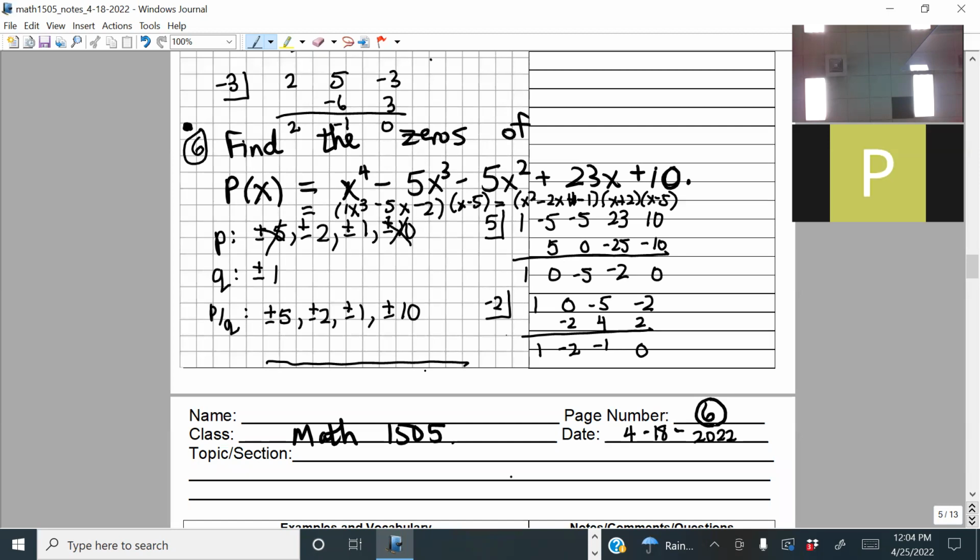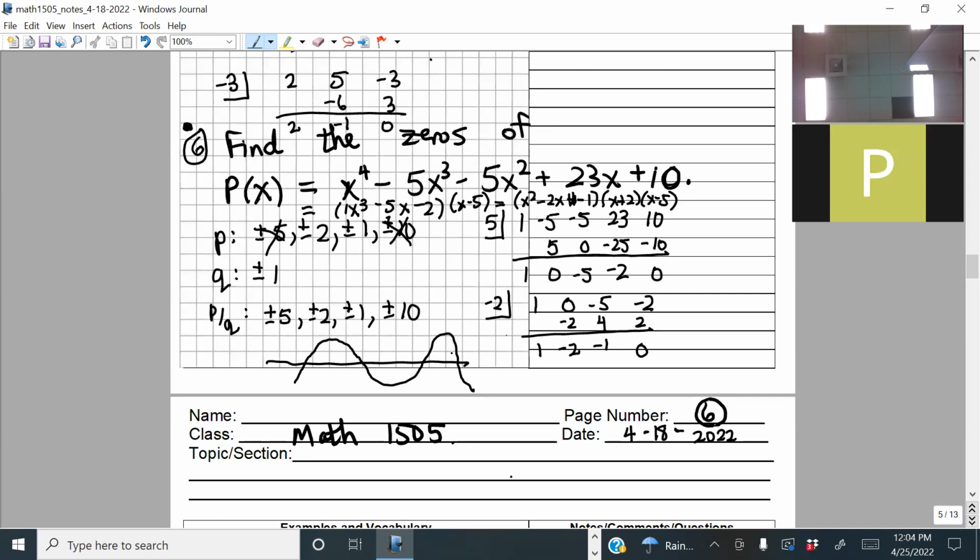Think about it. It's going to cross the x-axis 4 times. So it goes up once, then it has to come back down, then it has to go back up, then it has to come back down, right? To get 4. How many turning points does that give you? 3, yeah. So you're going to end up with 3 turning points here.